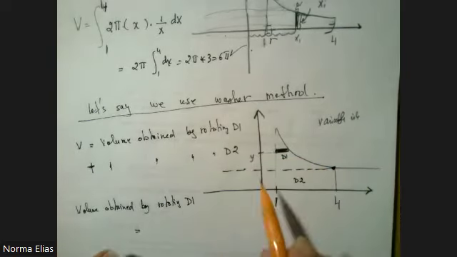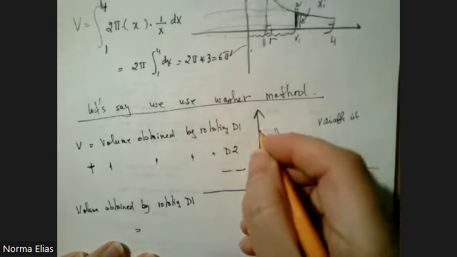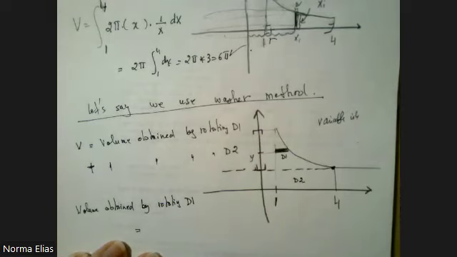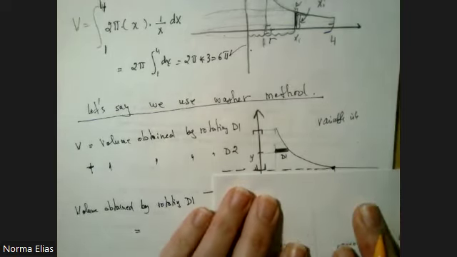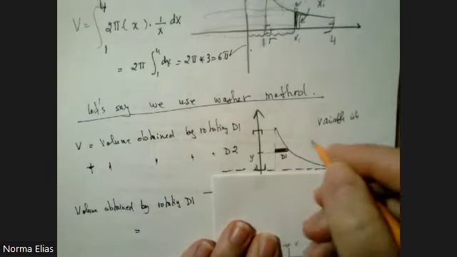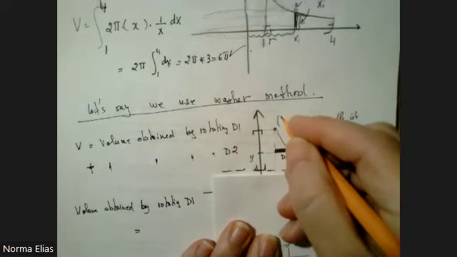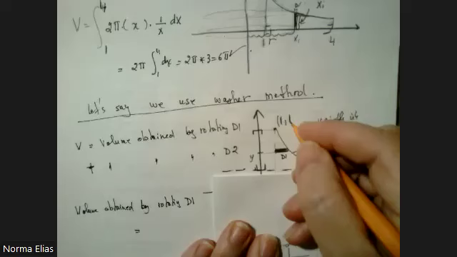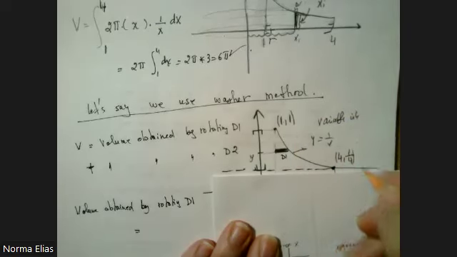So in this case, for D1, this will be the interval I'm interested in. For now, in your head, you have to totally hide this piece and focus on that one. So my limits are going to be, this is y equals 1 over x. So this point here is (1, 1), and this point here is (4, 1/4).